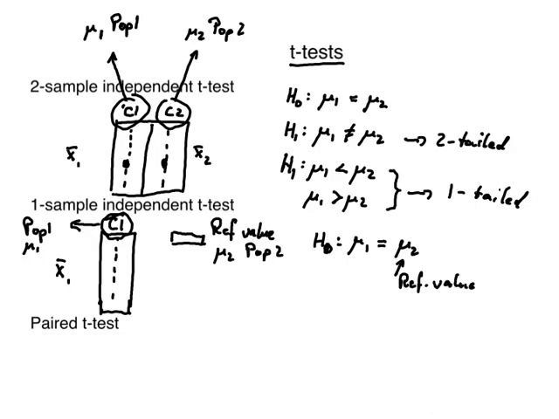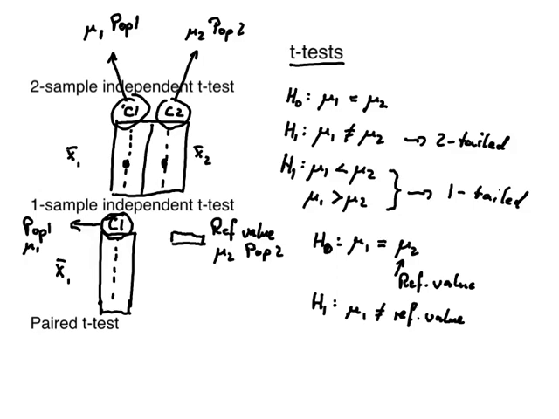So that would be for a one-sample test, and again for the alternatives we would say mu1 is not the same as the reference value, or we could go for mu1 is smaller or larger than the reference value, which would lead to a one-tailed t-test. So that is the data structure for a one-sample independent test.